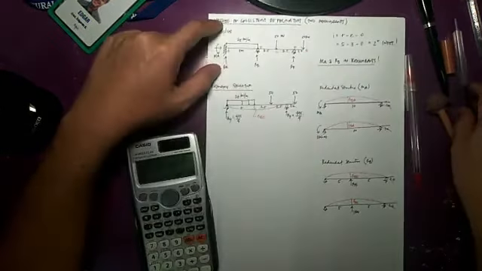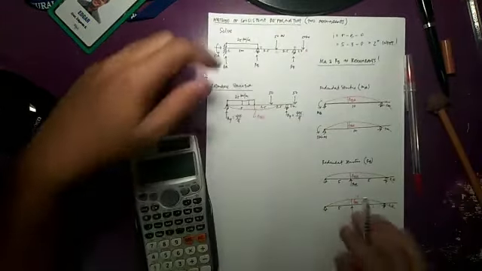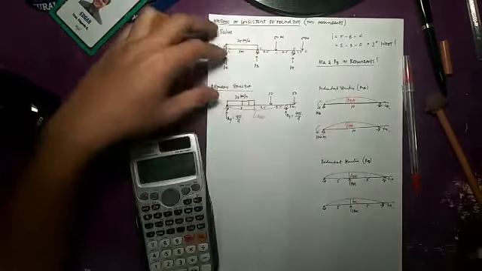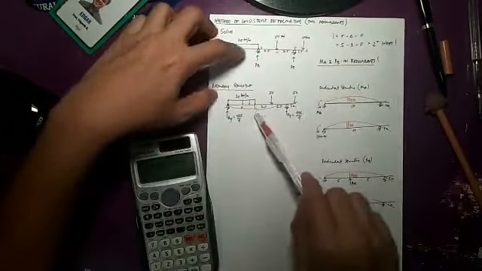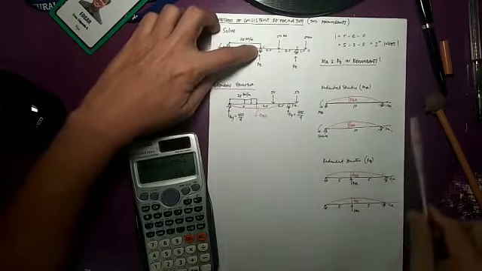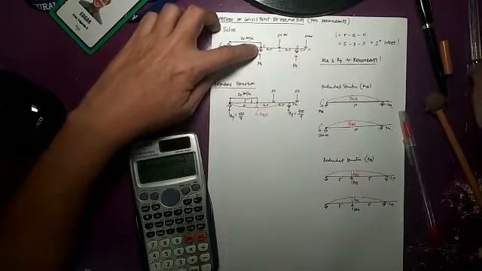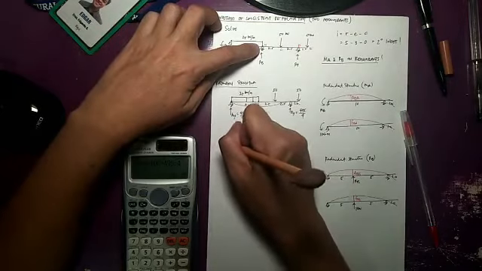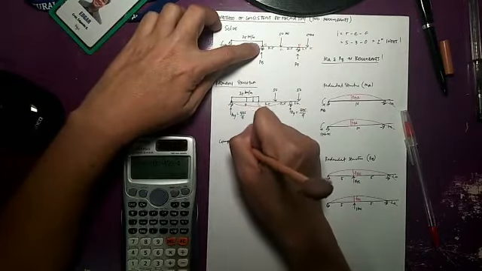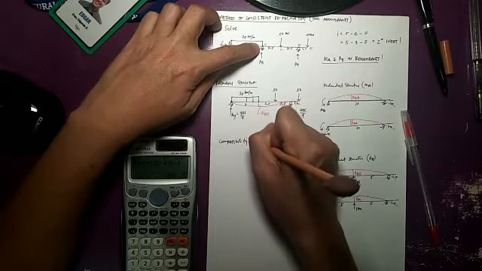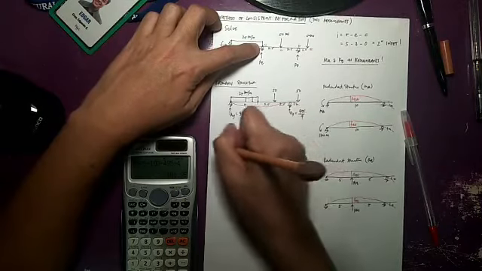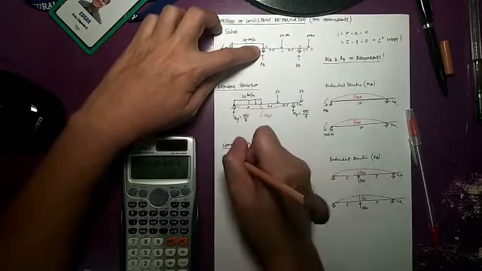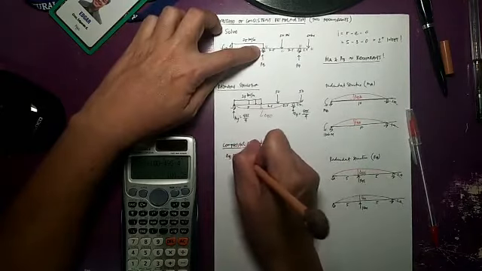Okay, now considering deflections, as we all know, for the compatibility equations, compatibility conditions, we know that delta B would be equal to 0, right?